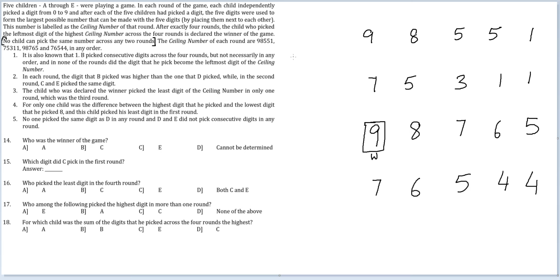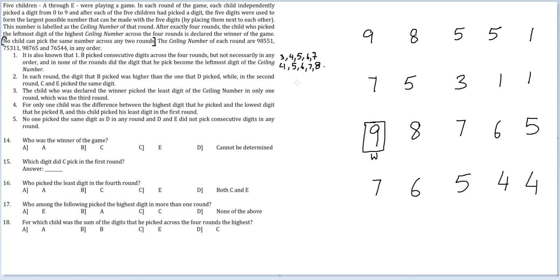Can there be 3, 4, 5, 6, 7? Yes, there can be. There is 3 here. There is 4 here. There is 5. There is 6. There is 7. There is 8. So let me write it down: 3, 4, 5, 6, 7. This can work. There can also be 4, 5, 6, 7, 8.